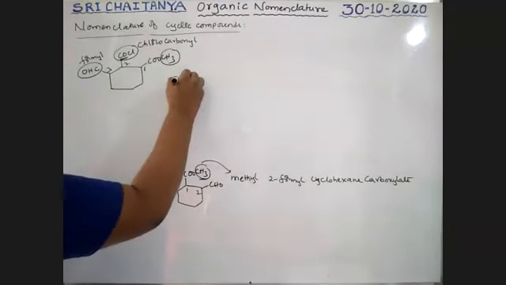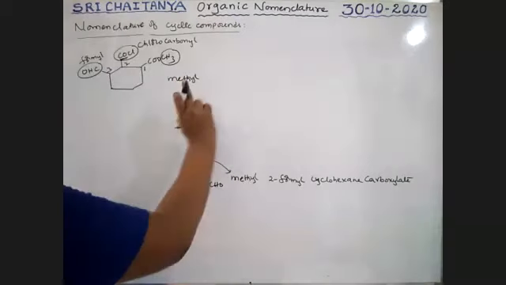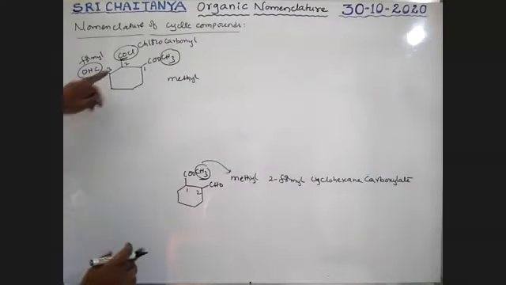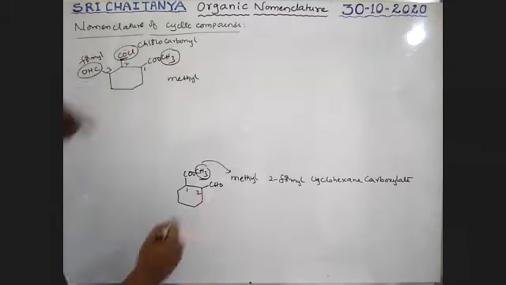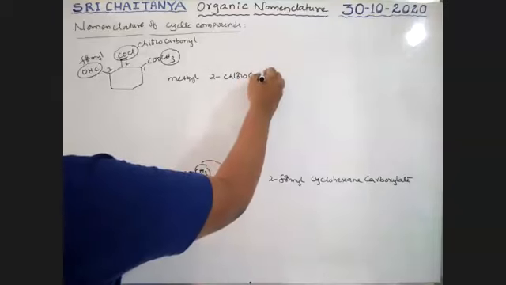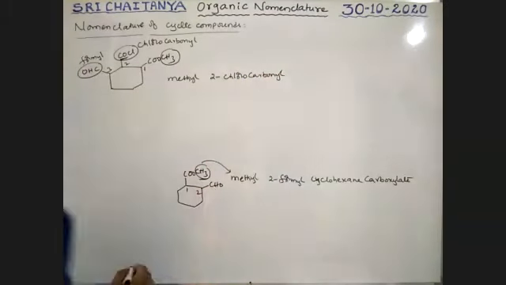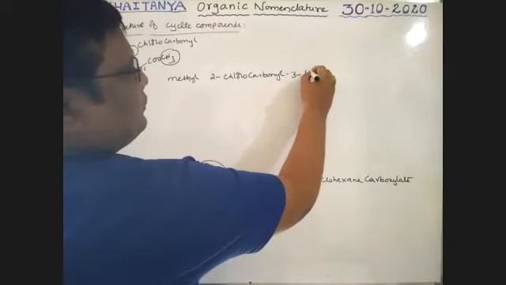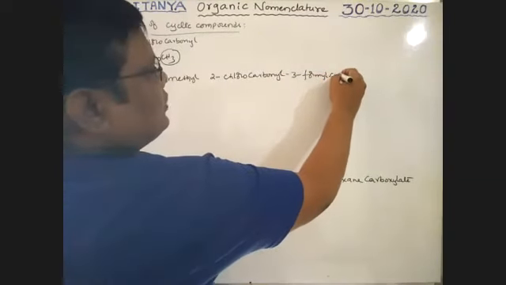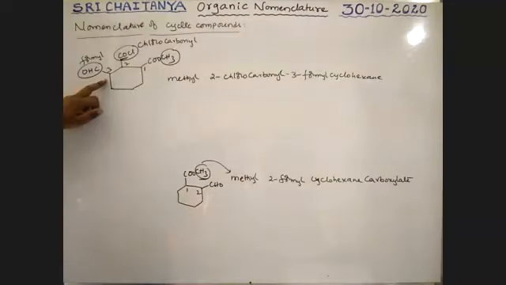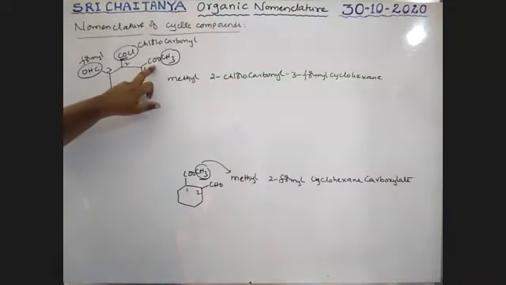Methyl. Don't give any hyphen or comma or anything else. Methyl. Next, alphabetically C comes first. 2-chlorocarbonyl, 3-formyl, cyclohexane, carboxylate.